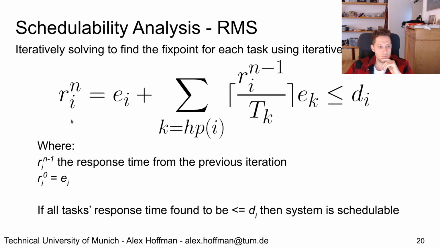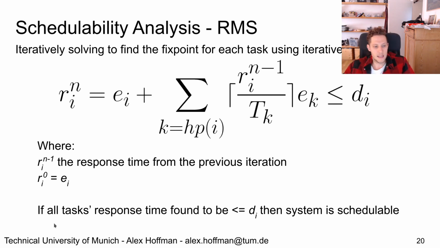So if we go through this here, we can phrase this formula to do a fixed point computation where the response time Rn takes in the response time Rn minus 1 from the previous iteration. We keep solving this until Rn and Rn minus 1 are equal.